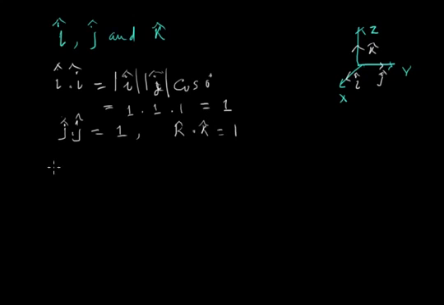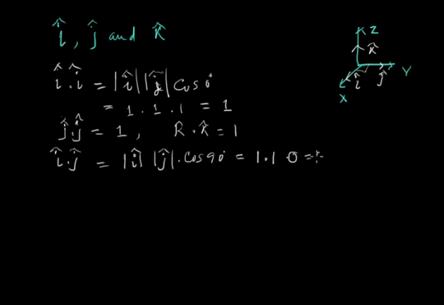But what happens if I do the dot product of I and j? Here the angle between I and j is 90 degree. So magnitude of I cap is 1, magnitude of j cap is 1, and cos 90 degree is 0.